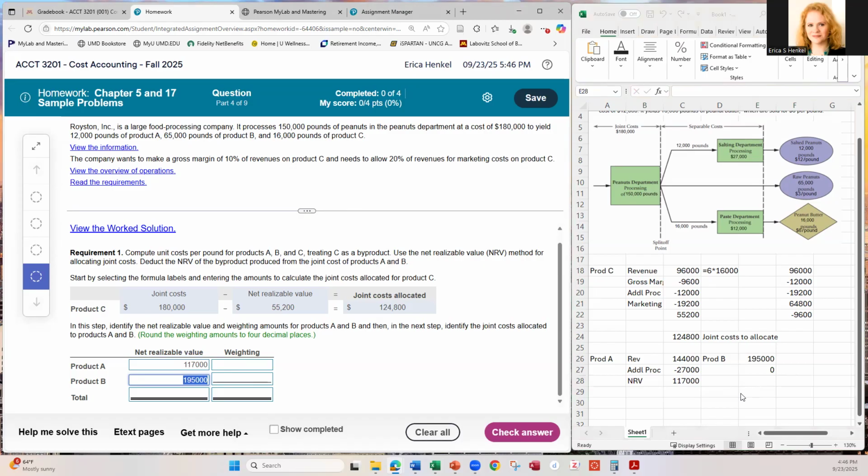All right, so in total then, the sum of those two is 312,000. Then I'm just going to do the weighting, 117,000 divided by the 312,000.